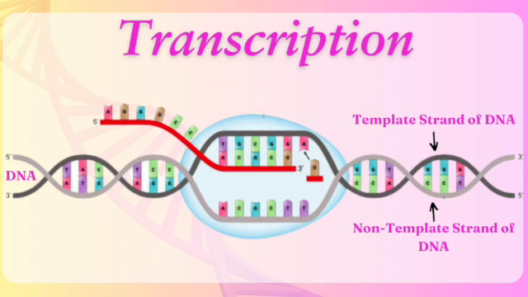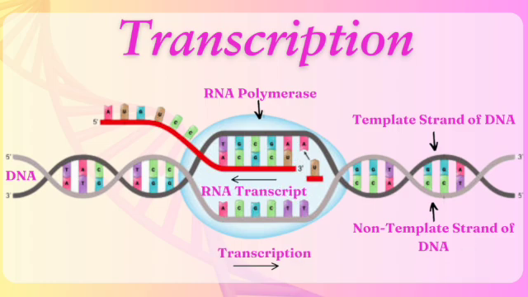On the template strand, it will read those bases of A, T, C, and G, and it will build a complementary pair from the RNA polymerase. And transcription will go in the 5' to 3' direction, so your RNA transcript will be going in the other direction.